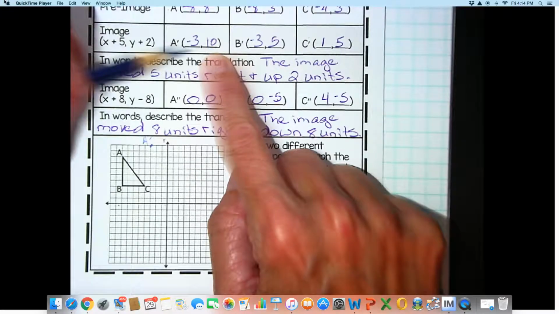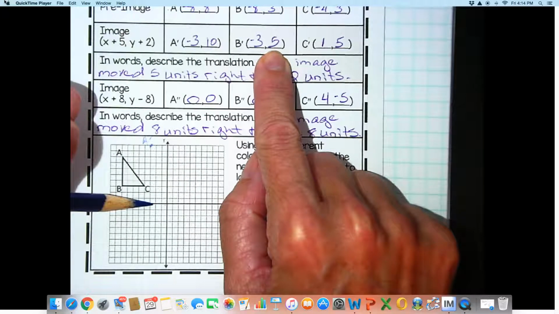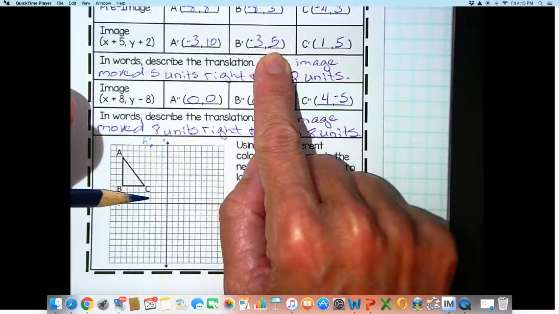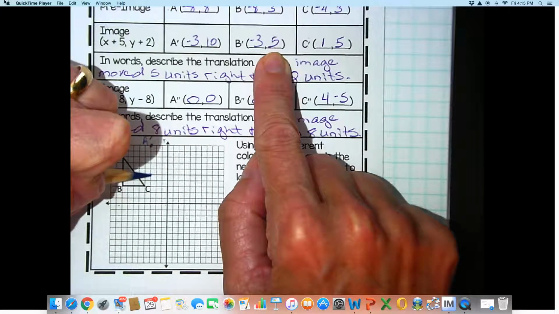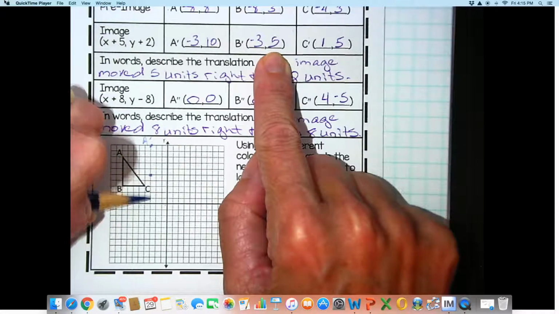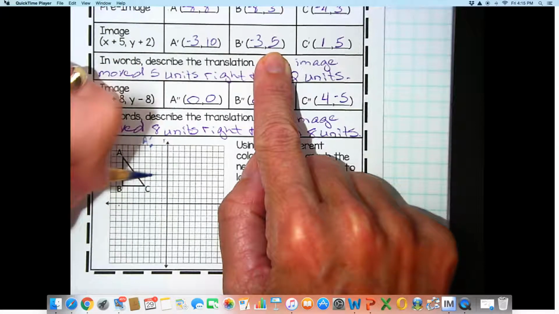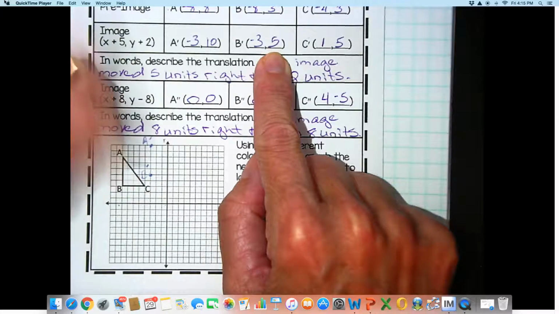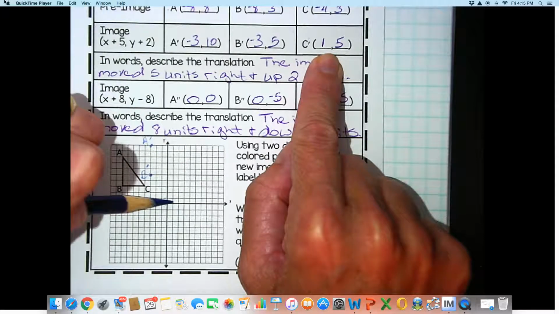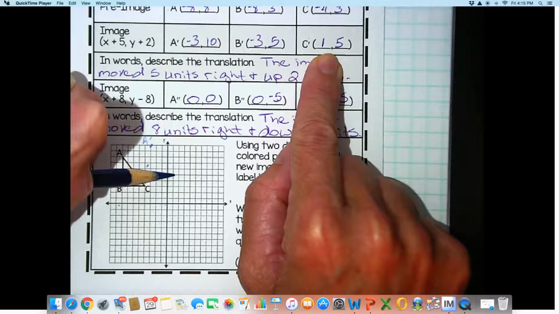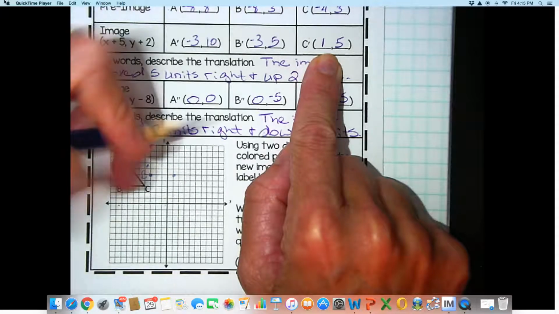Okay, and then my B is going to go over -3, so 1, 2, 3, which is left of the origin, and up 5. So 1, 2, 3, 4, 5. It's going to be right there. So that's going to be my B prime. And my C is going to be 1, 5. So I'm going to go over 1 to the right and up 1, 2, 3, 4, 5. And that's going to be my C prime.